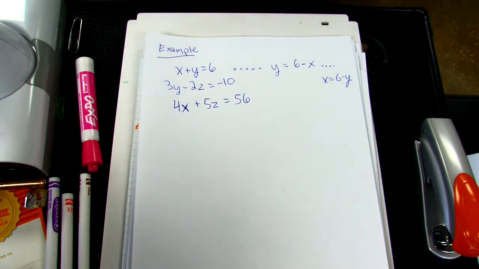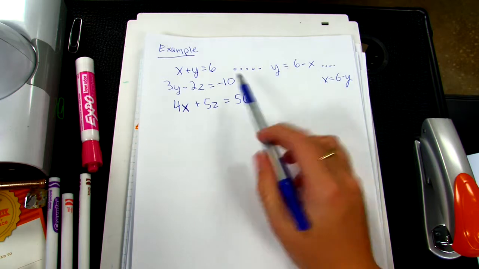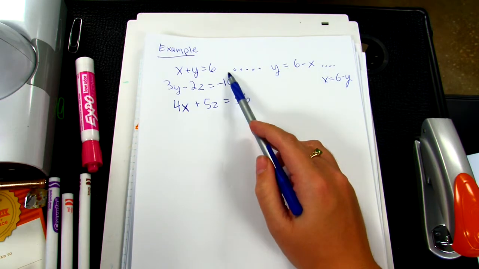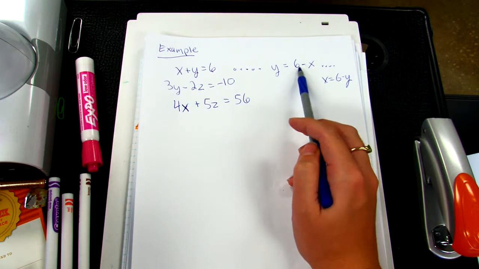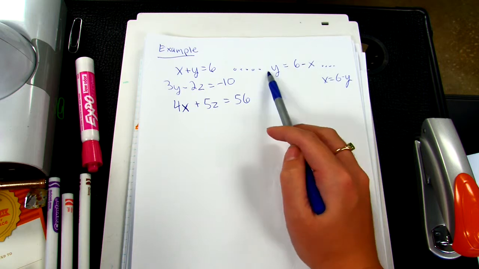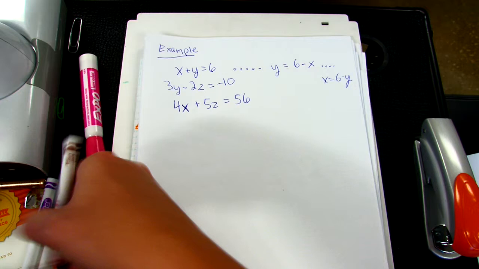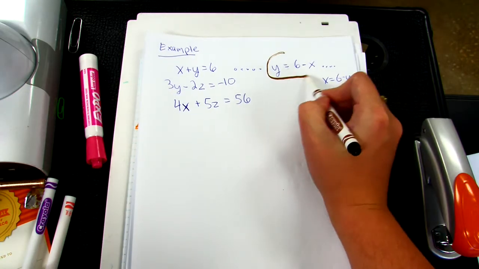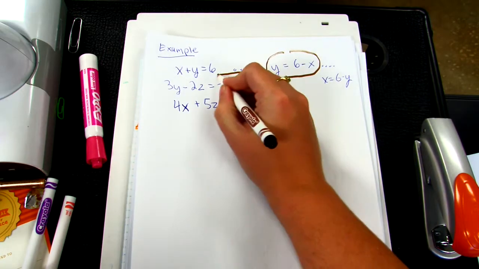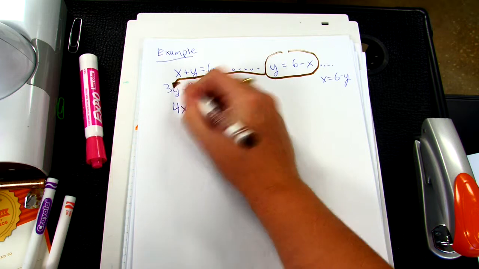All right, so what we're going to do, now that we know that x plus y equals 6 is the same as saying y equals 6 minus x, well, I notice that I have a y in my second equation, so I'm going to substitute y equals 6 minus x into my second equation, okay?